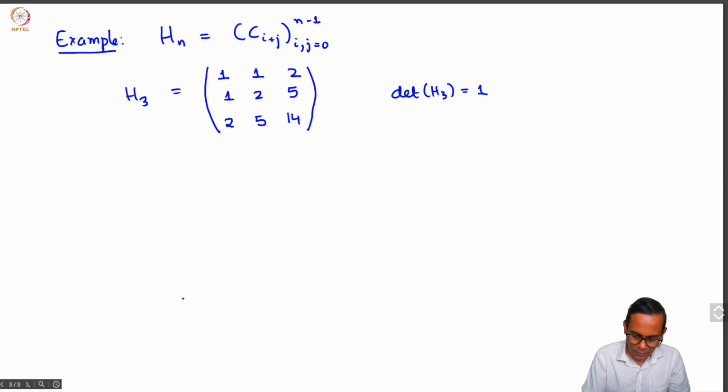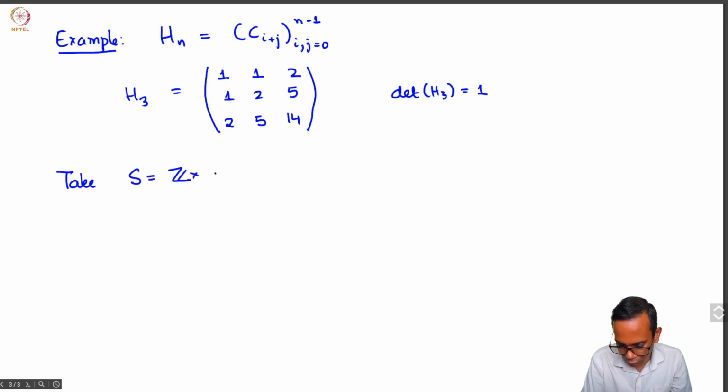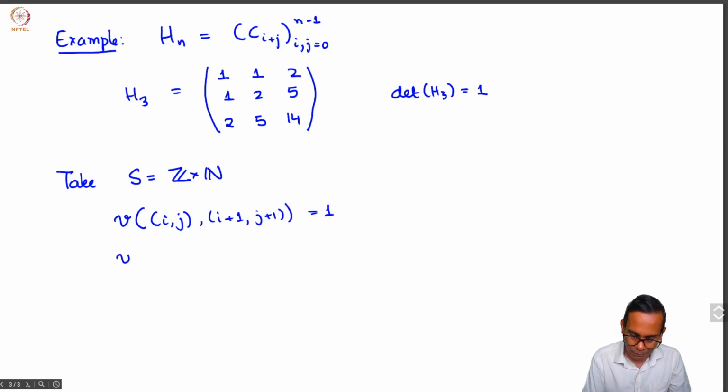Now to set this up as an application of the LGV lemma, let's take S to be Z cross N. N stands for the non-negative integers. And let's define the weight of (i, j) to (i plus 1, j plus 1) to be 1. Northeast steps and southeast steps also have weight 1, so (i, j) to (i plus 1, j minus 1) has weight 1.